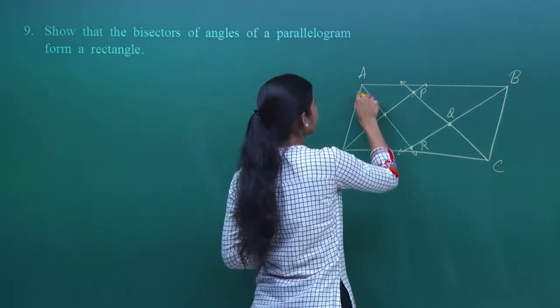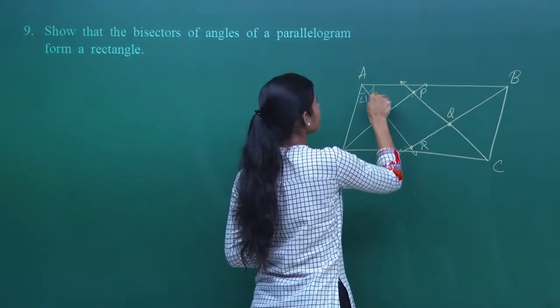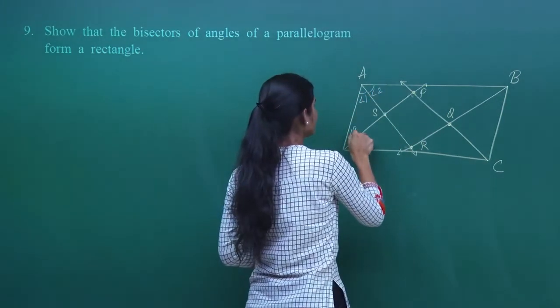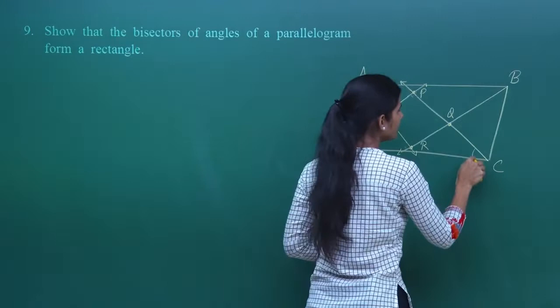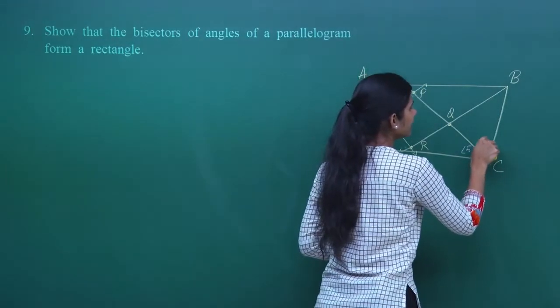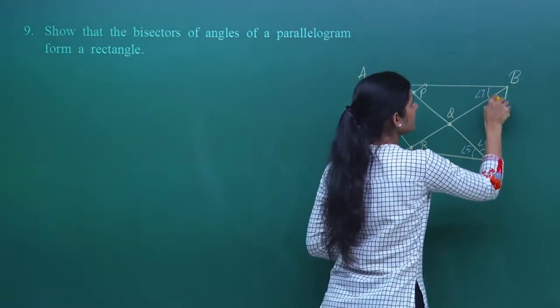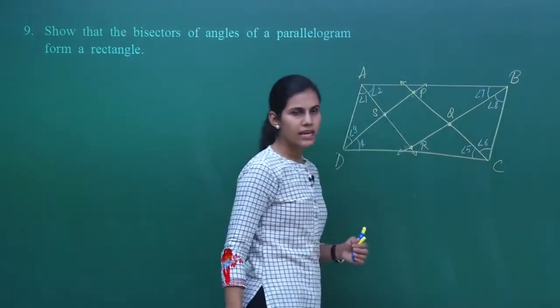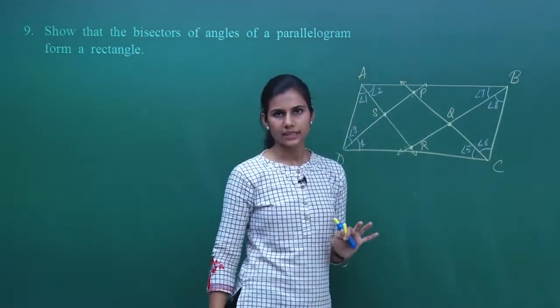Now see, these are angle bisectors, so I have angle 1 is same as angle 2, angle 3 is same as angle 4, angle 5 is same as angle 6, and angle 7 is same as angle 8. And they are halves of the respective angle.